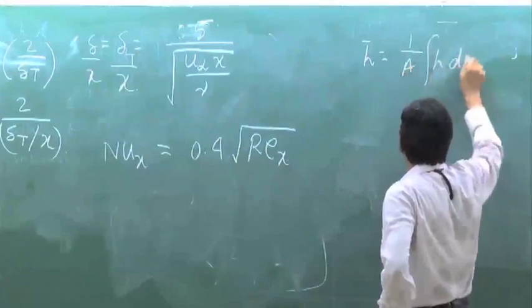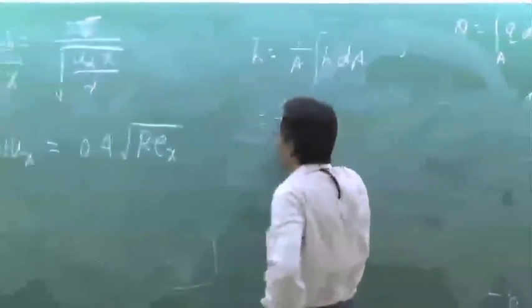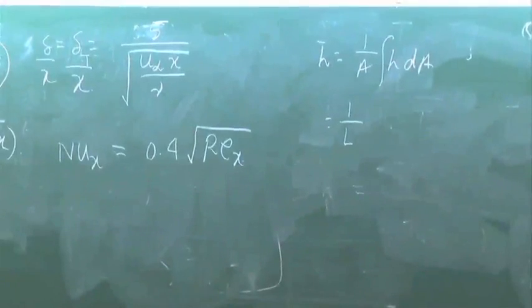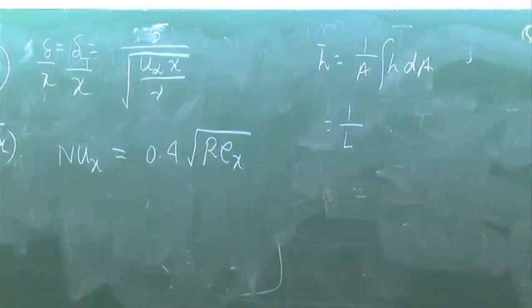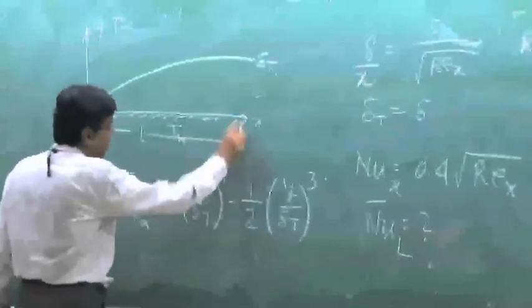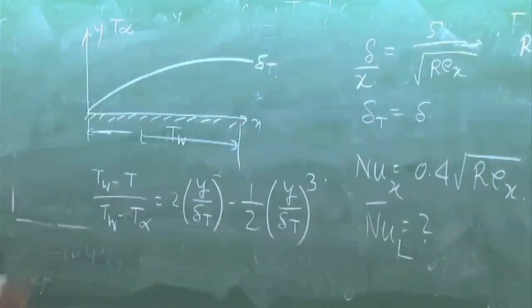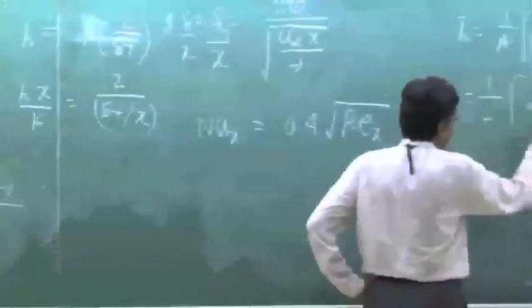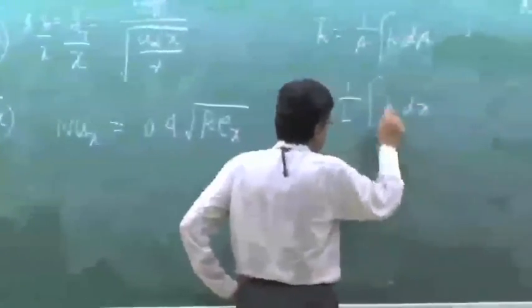In this case, it is 1 by L over a length L. It has to be prescribed over which area you are talking about. This is the length L for a given width B. So it is nothing but 1 by L, integral of h dx from 0 to L.